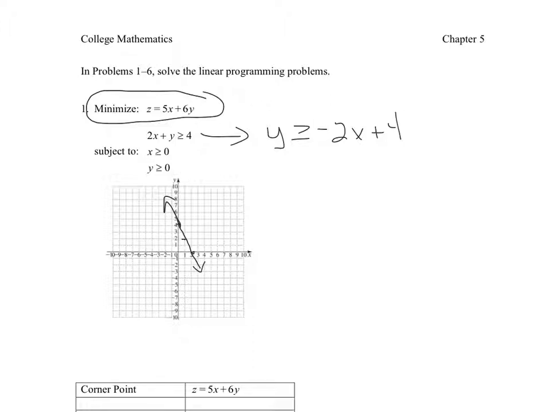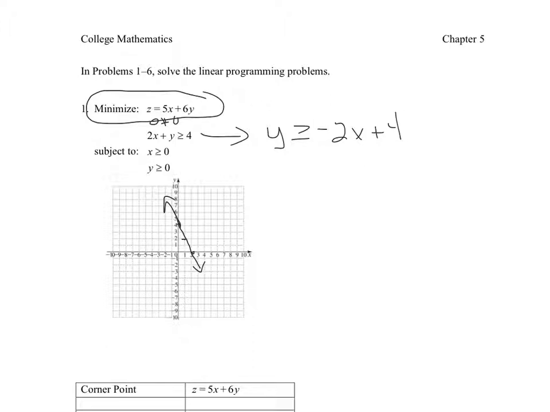Because of the or equal to, it is solid. I do need to determine which way it needs to be shaded. Since y is greater than or equal to negative 2x plus 4, if I want to plug in (0, 0), I can go back to the original, and 0 plus 0 is greater than or equal to 4 is not a true statement.